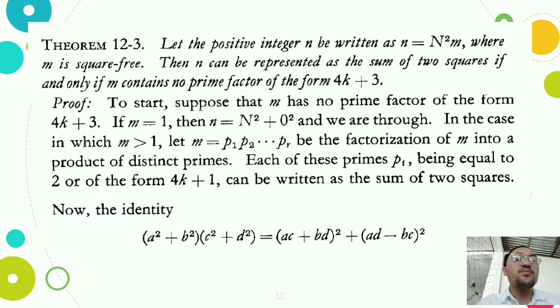Each of these primes, p sub i, being equal to 2 or of the form 4k plus 1, can be written as the sum of two squares. Now the identity: the product of a squared plus b squared and c squared plus d squared is equal to the square of ac plus bd plus the square of ad minus bc.